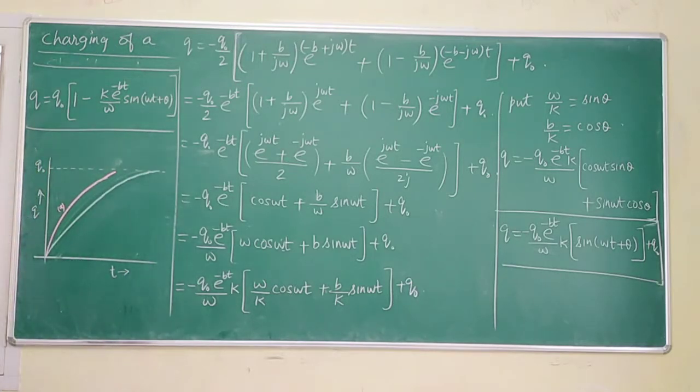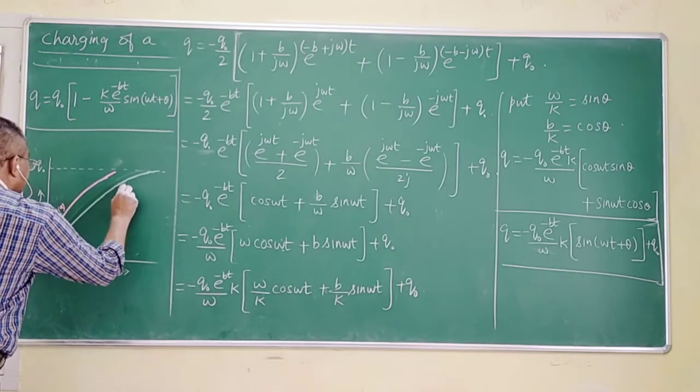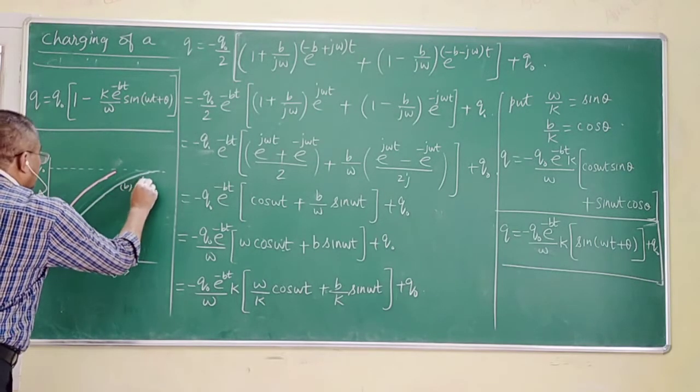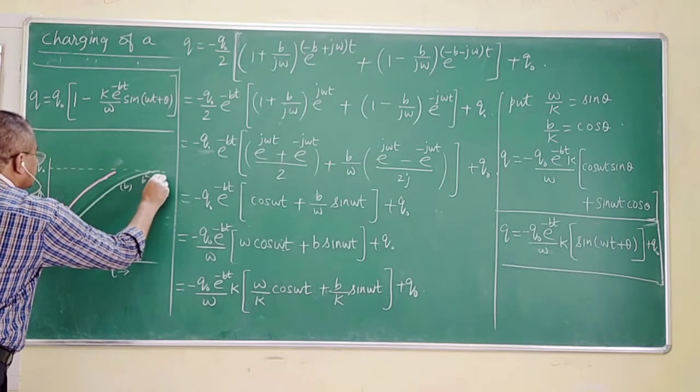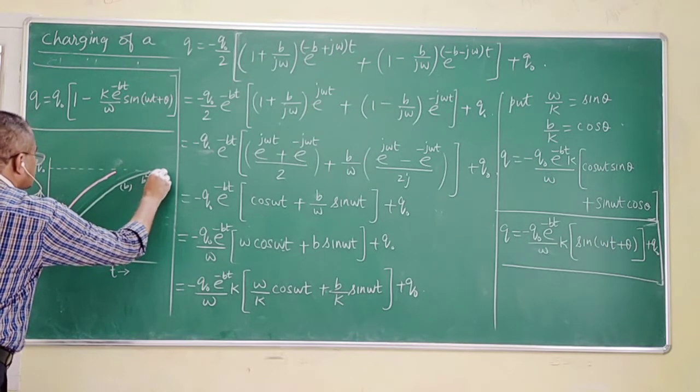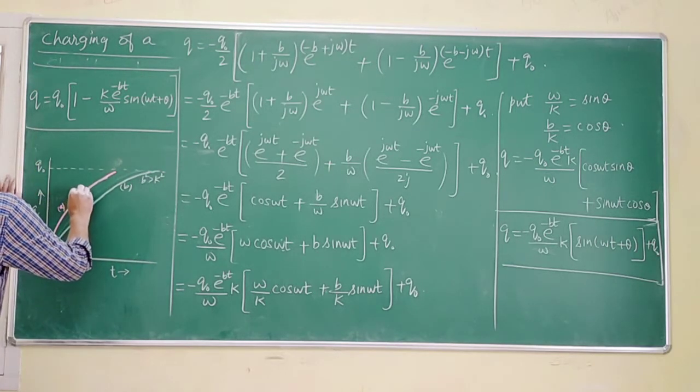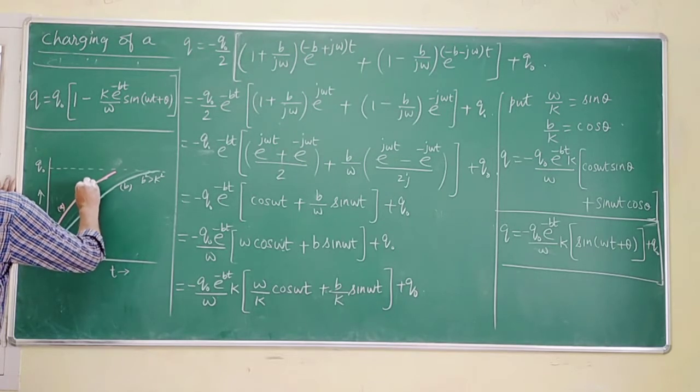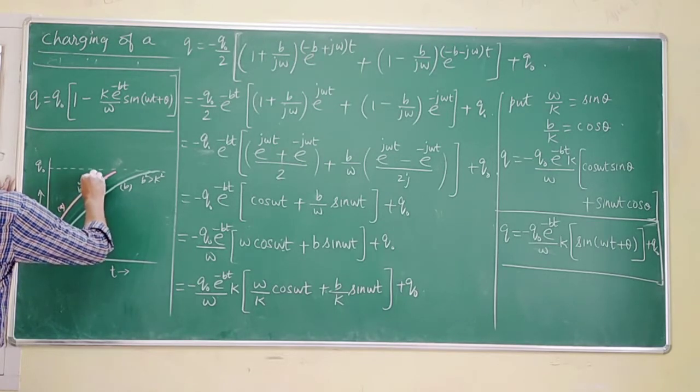The third case, this I will call it as B. This is the case where b squared is greater than k squared. This is the case when b squared is equal to k squared.